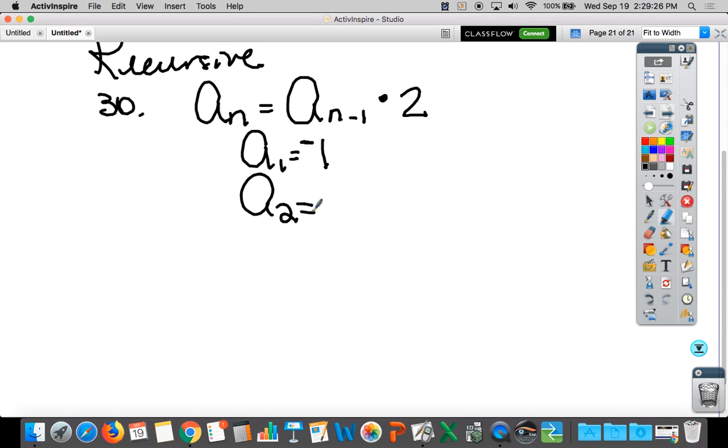So if my n is 2, I put a 2 here. That becomes a sub 1 times 2. Everybody follow me. What is your a sub 1? Negative 1 times 2. So my second term in the sequence is?